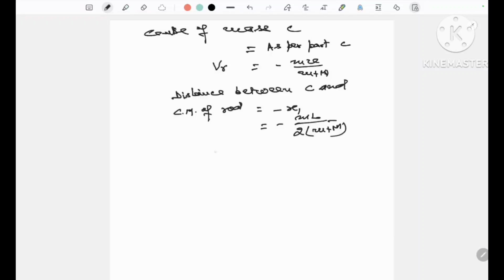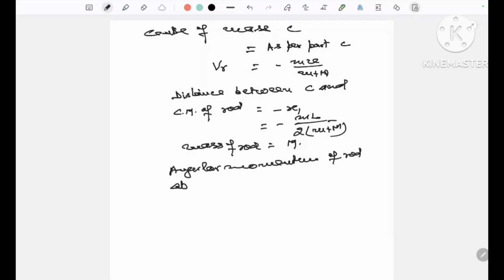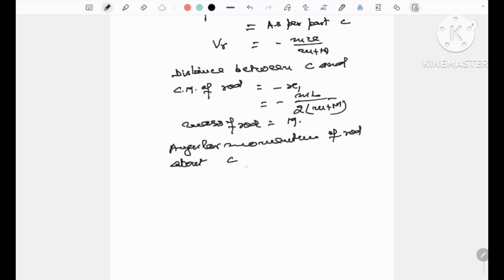Mass of the rod is M. Angular momentum of the rod about center of mass C will be M into Vr into x1.